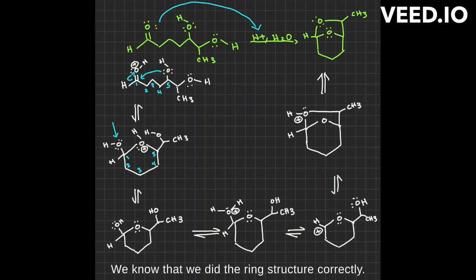We know that we did the ring structure correctly. So my advice is just to count your carbons after each step just to make sure you didn't accidentally delete a carbon or add a carbon where it's not supposed to be. That's probably the easiest way to make sure you're handling these more complicated intramolecular problems correctly.